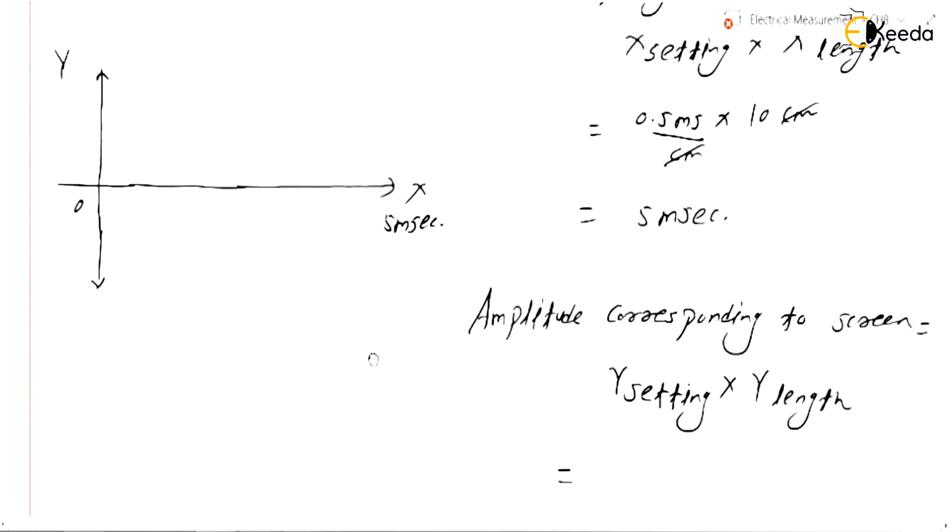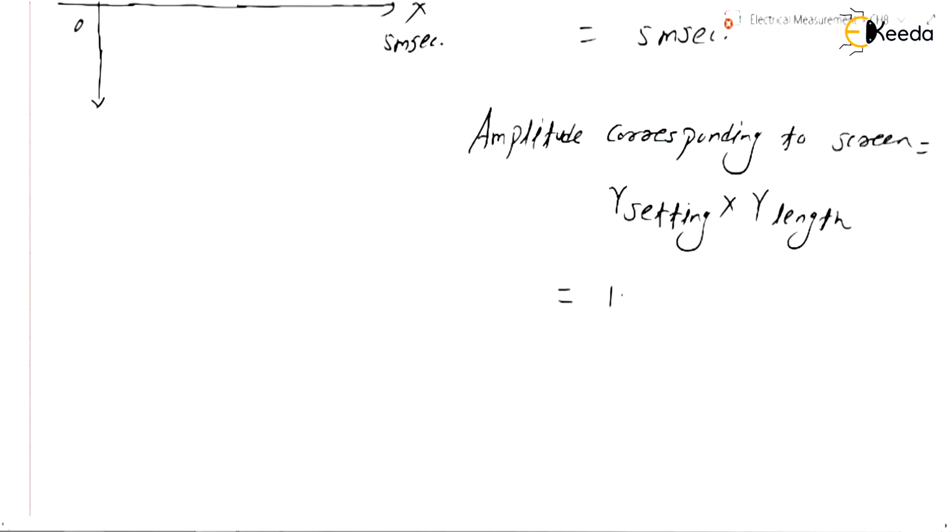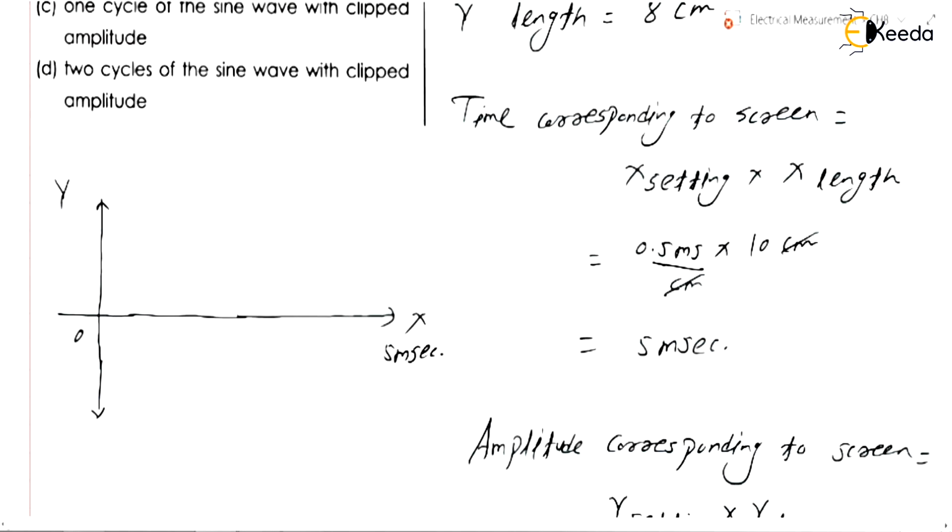So 100 into 8, centimeter cancels, so it will be 800 millivolt. This is the amplitude. So 800 millivolt means for the upper side it will be 400 millivolt, and for the lower side it will be 400 millivolt.